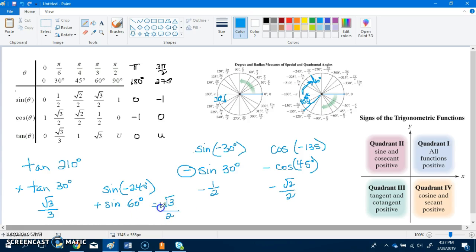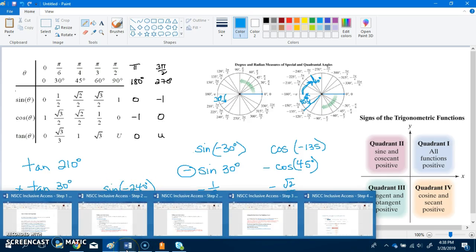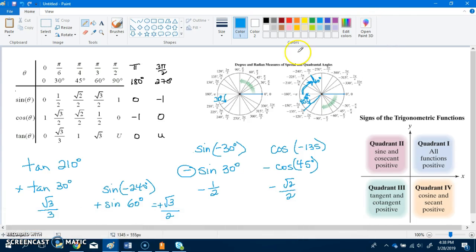So positive square root of 3 over 2 is what sine of negative 240 degrees is equal to. So this is all about using reference angles and the signs of trigonometric functions, dependent of course on the quadrants, to get the equivalent or the actual value when it's not a special angle.